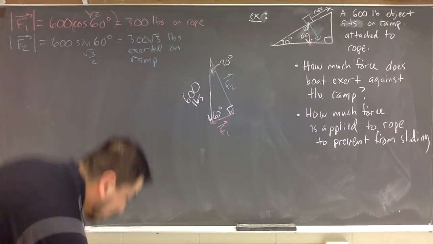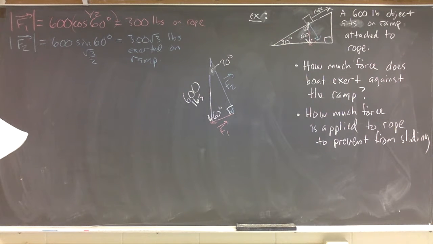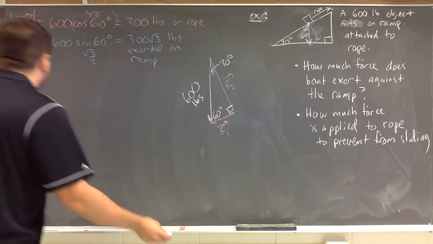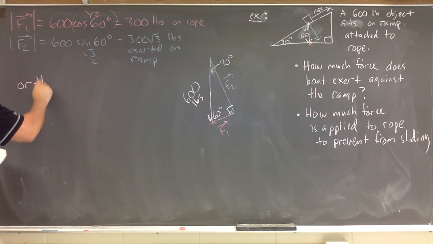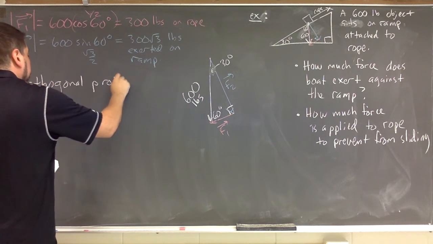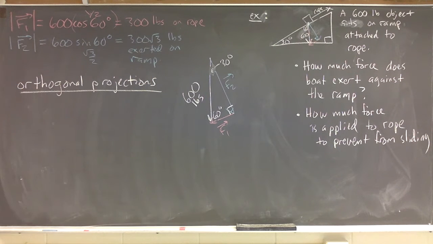So now, we're going to go ahead and try to finish up here with orthogonal projections, and then do a quick application of what we talked about. So that's the next piece, orthogonal projections. And we've actually already covered them. We just didn't call them that yet.